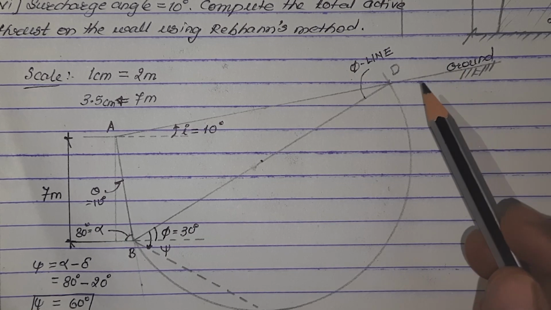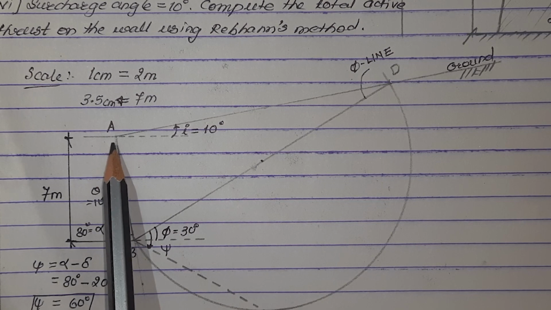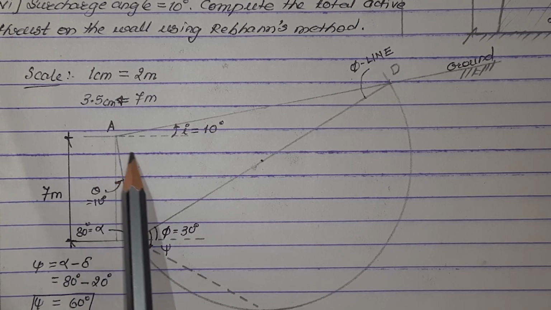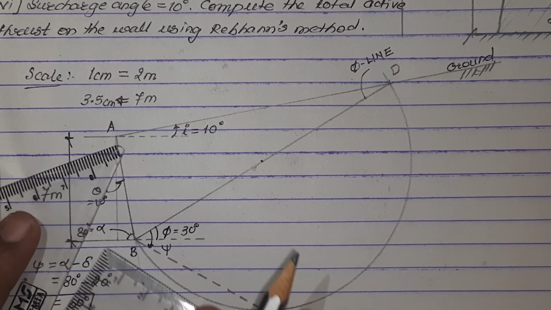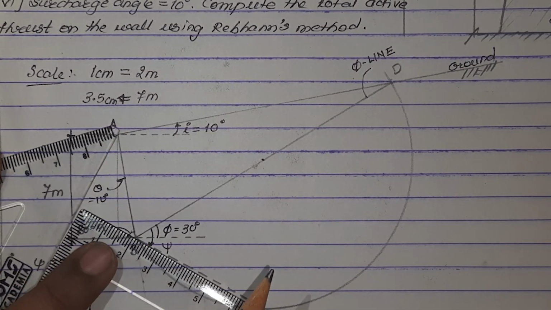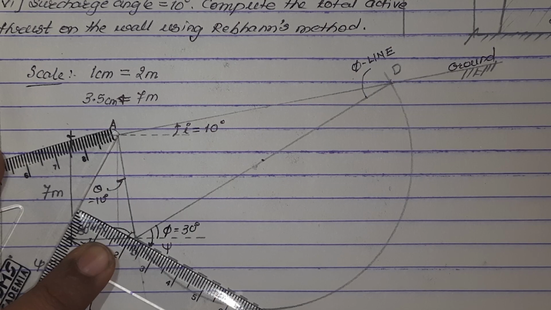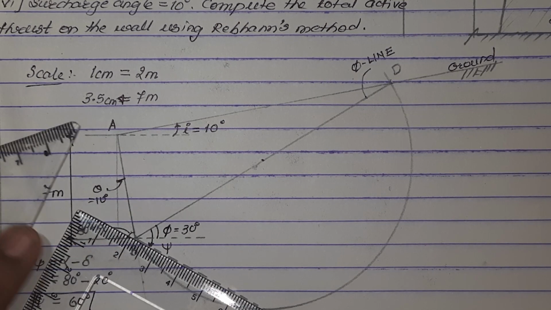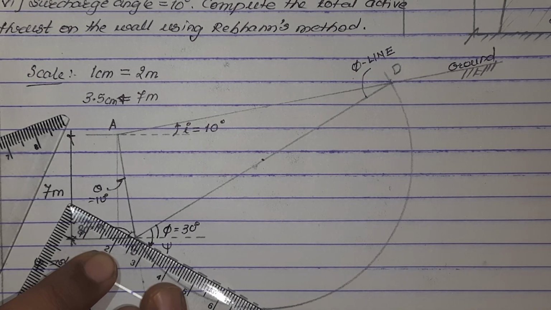Thereafter, draw a line parallel to this psi line through point A so that it will intersect this phi line. Let us draw that line, for which we have to use set square or a roller. This is a line to which we want to draw a parallel line through point A. This particular line is called as psi line.